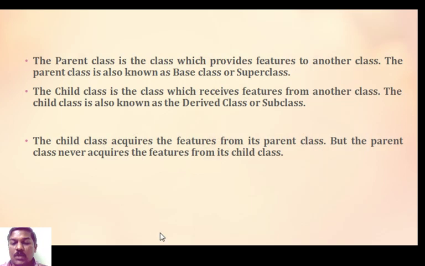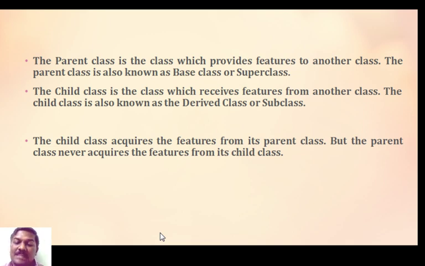Now we move on to the basic concepts of inheritance, that is parent class and child class. Parent class is the class which provides the basic features to another class. The parent class is also known as superclass or base class.